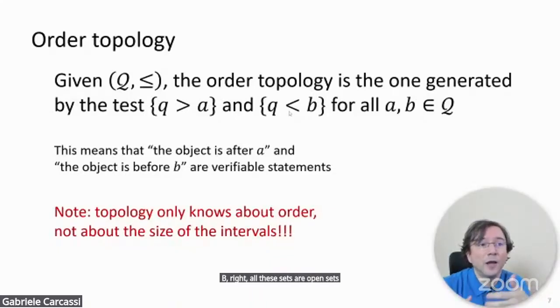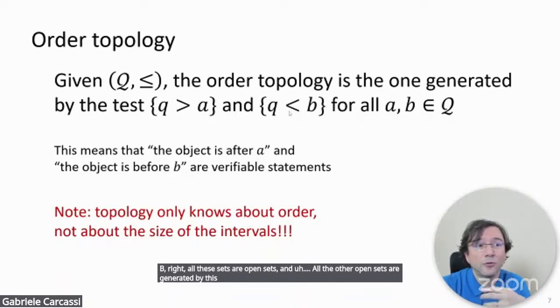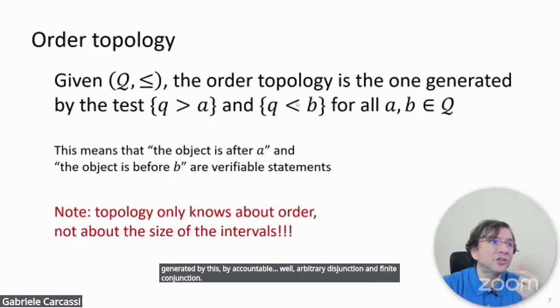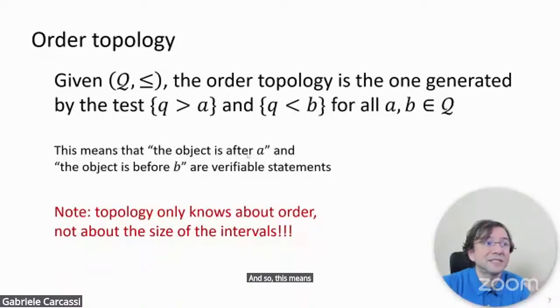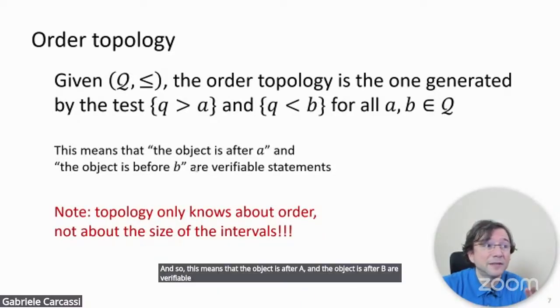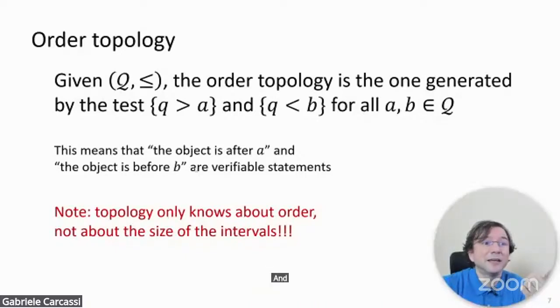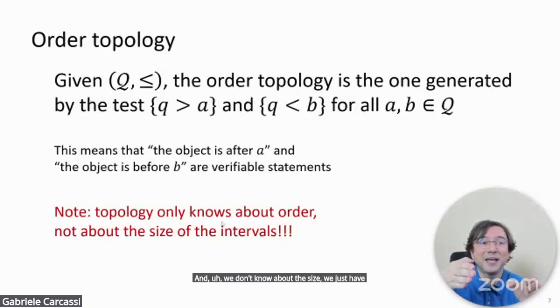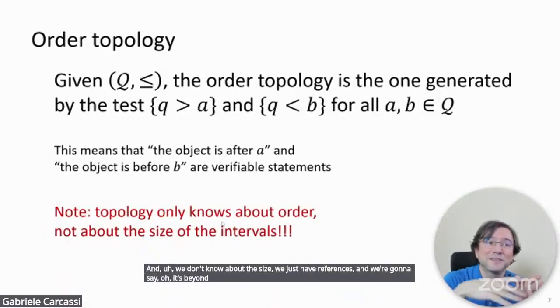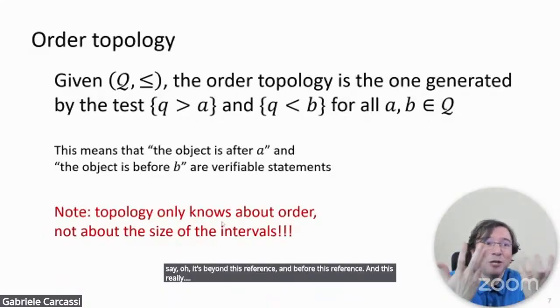And all the other open sets are generated by these through arbitrary countable disjunction and finite conjunction. This means that 'the object is after A' and 'the object is before B' are verifiable statements. And we don't know about the size. We just have references, and we say, oh, it's beyond this reference and before this reference. And this really makes intuitive sense.